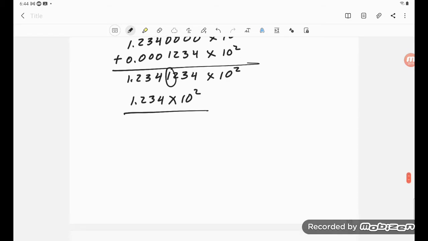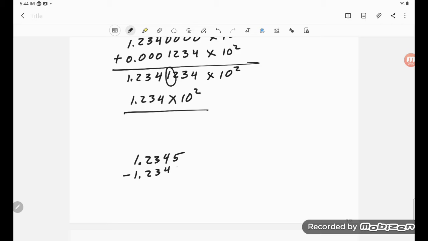So, for instance, if you're working inside the accumulator, and you've got the extra digits, and you end up taking, say, 1.2345 minus 1.2341, right, we'll get 0.0004.